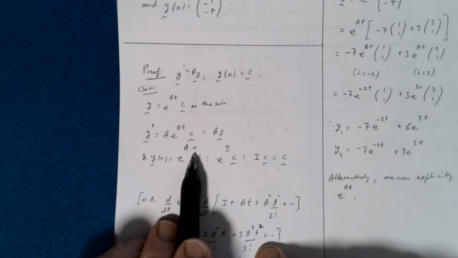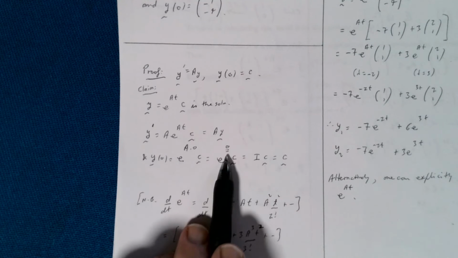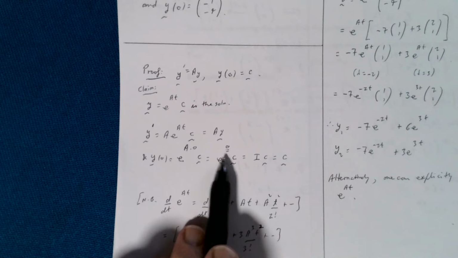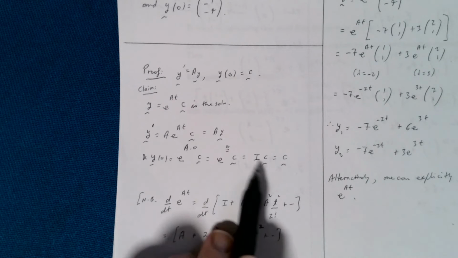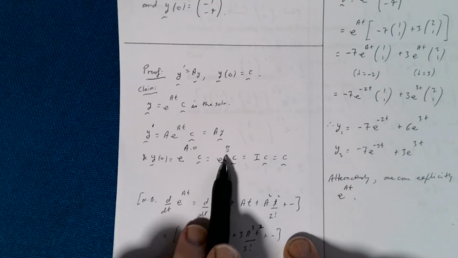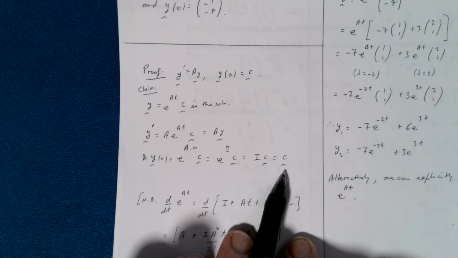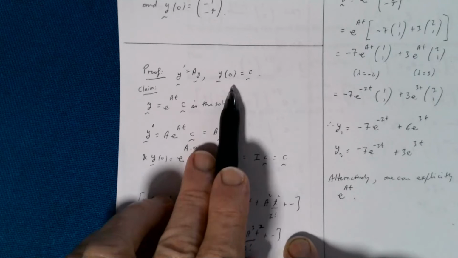That means you multiply every entry in A by 0. That'll give you the 0 matrix. And e to the 0 matrix is just the identity, which you can see if you just go back to the definition of the e to a matrix. Identity times c gives you c. So it satisfies the initial condition.